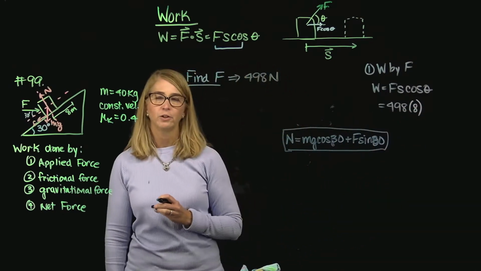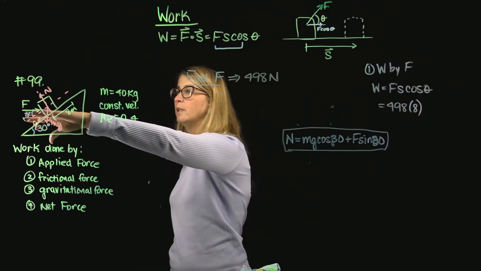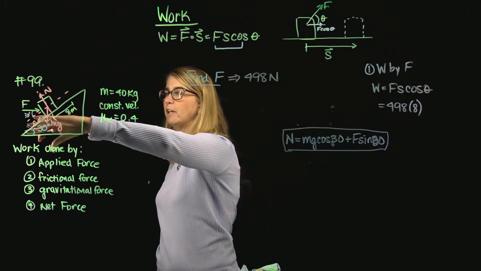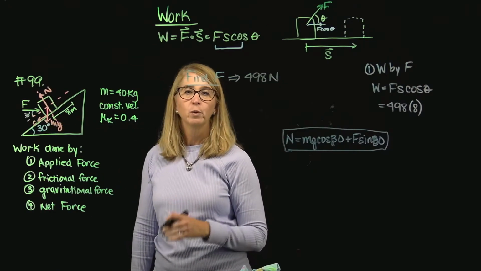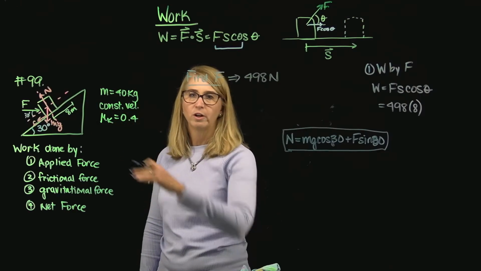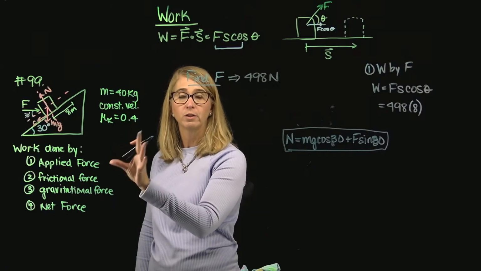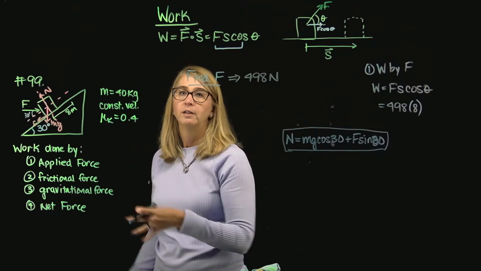The distance is 8 meters. And now if I think about this drawing, the force actually is making a 30-degree angle with the horizontal. Well, it doesn't look horizontal, but I guess what I should say is with the x-axis, and the displacement is along that x-axis.